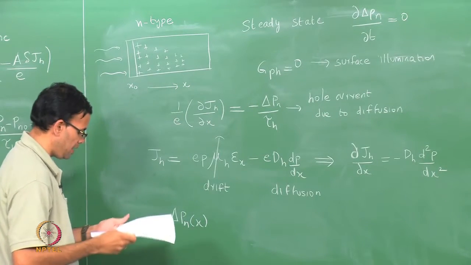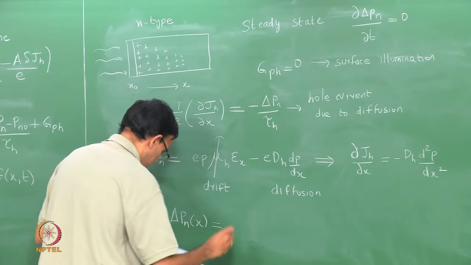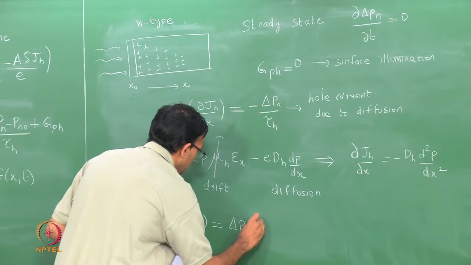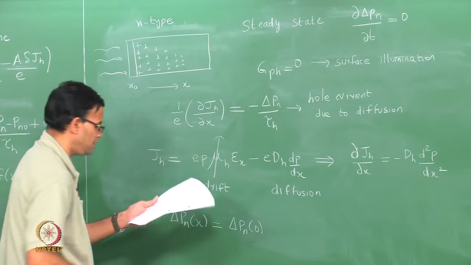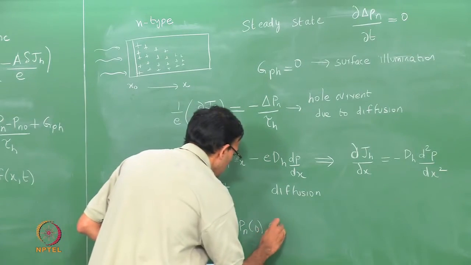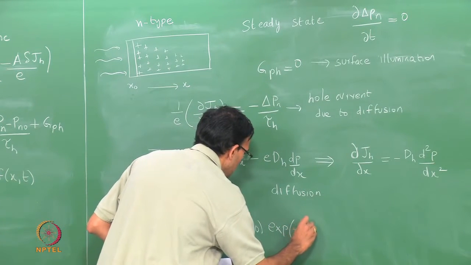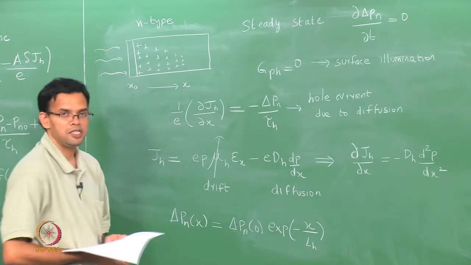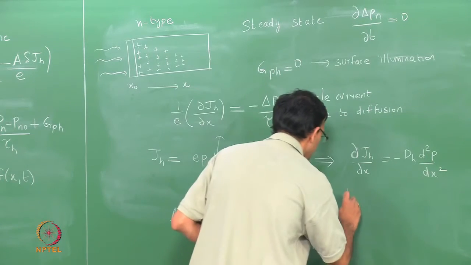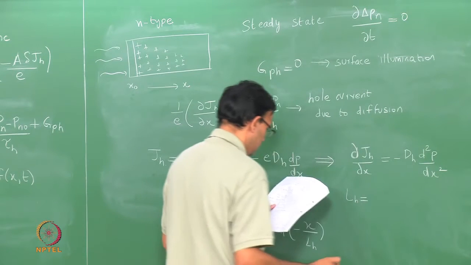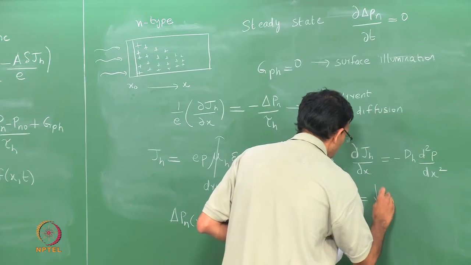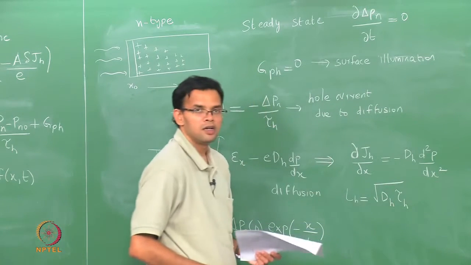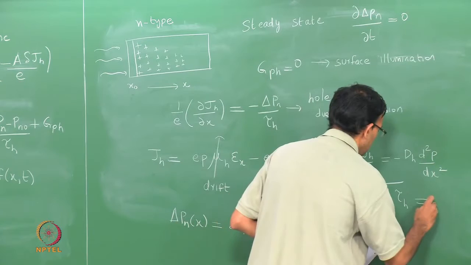So, delta Pn is delta Pn naught, which is how many electron hole carriers are generated at the surface, times exponential minus x over Lh. So, Lh is called the diffusion length, which is just the square root of the diffusion coefficient times the recombination time.